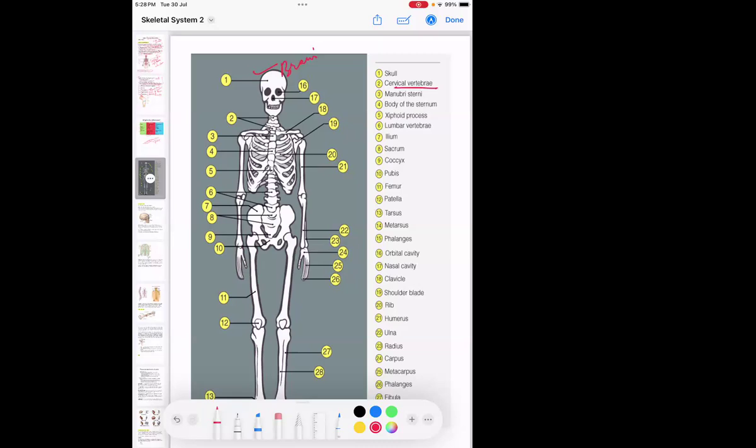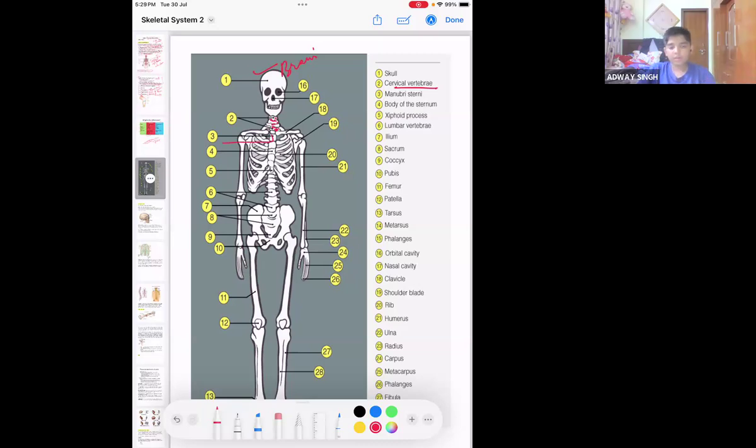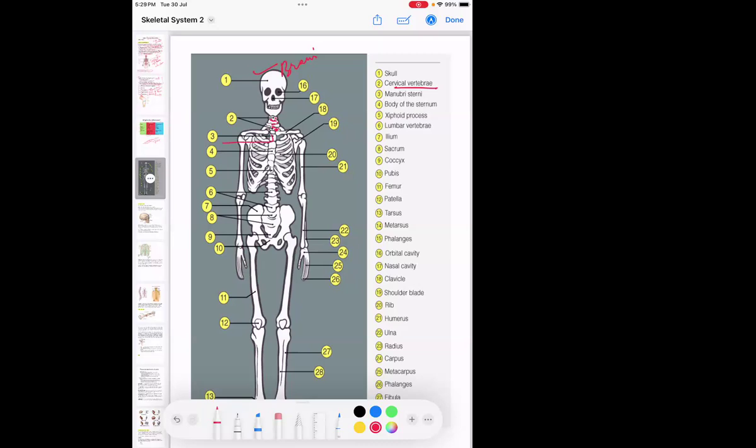You can see this area, our neck region, that is called the cervical vertebrae. Then the third one is the manubrium. This one. Sternum. The sternum.